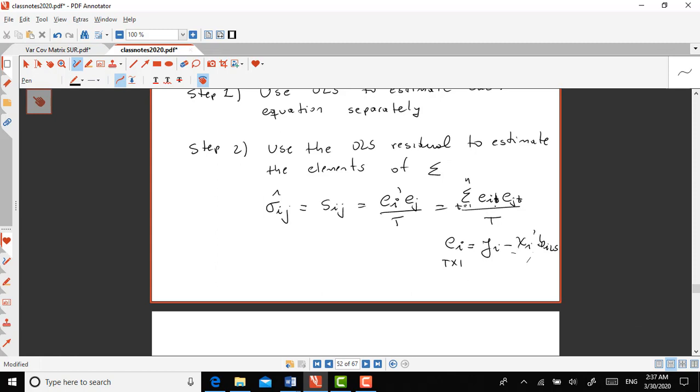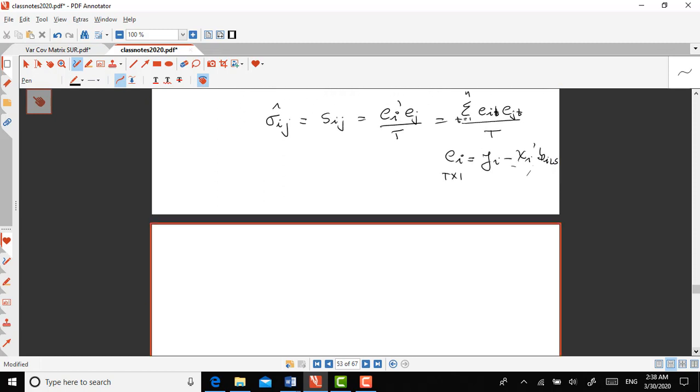So what we're doing basically is multiplying the errors from the residuals for the same individual across the different equations. And that gives us an estimate, kind of the correlation of the errors across the different equations. So once we have that, we have a sigma hat matrix. So you see, this is the estimated one.